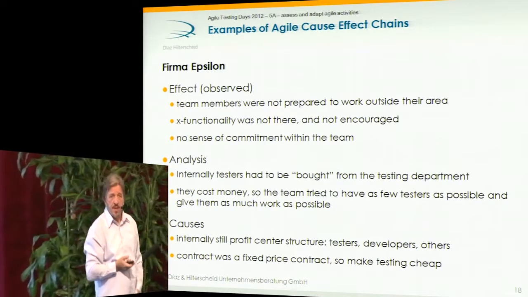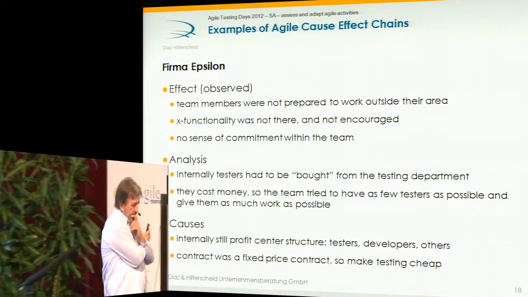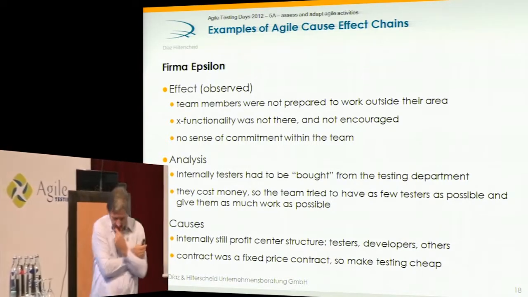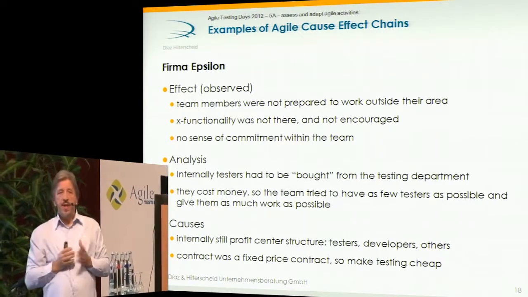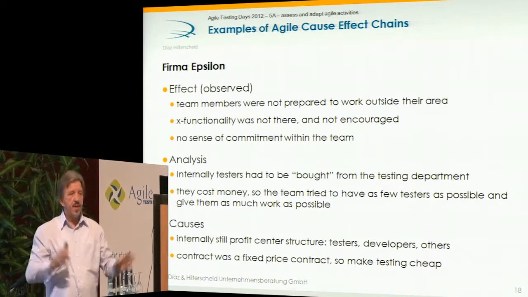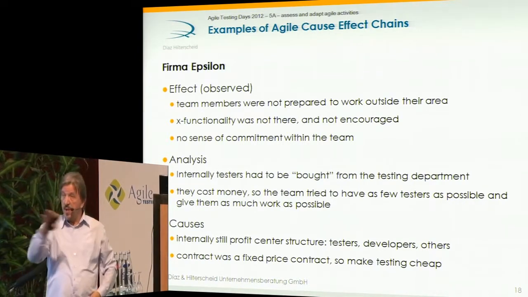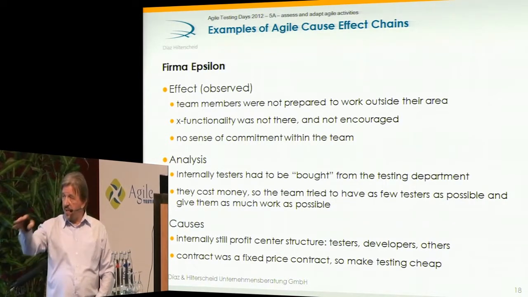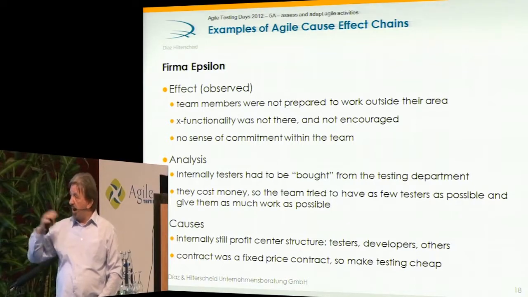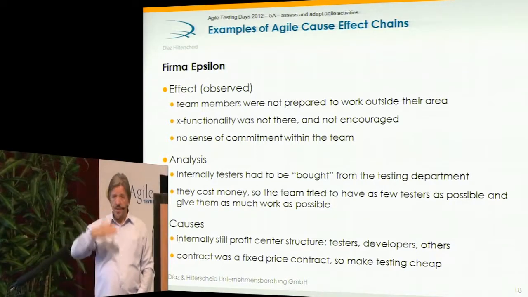Another interesting example we had: a company that was still organized in testing departments and development departments, but they were doing Agile projects. So for an Agile project, the development department took some of the developers, and they had to buy a tester from the testing department to join them.